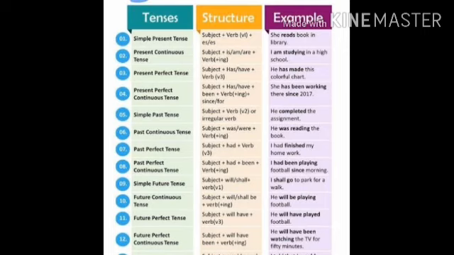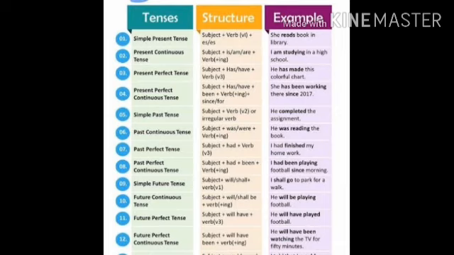Third tense is present perfect tense. Students, in present perfect tense, the formation is subject plus has or have plus third form of verb plus object. Students, we always use third form of verb with all perfect tenses like present perfect, past perfect and future perfect.